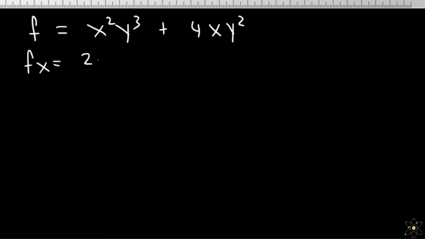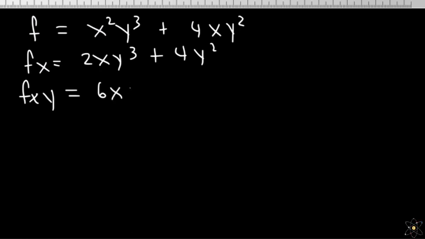F of x is 2x y cubed plus 4y squared. Now let's find f of xy. The derivative of y cubed is 3y squared times 2x. That's 6xy squared. And the derivative of 4y squared is 8y.